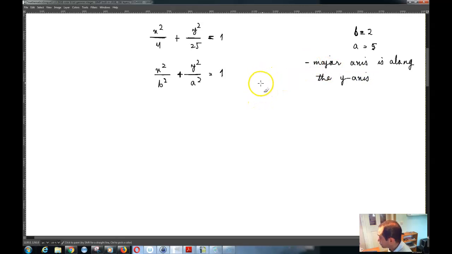So now the foci are at distance c away from the center. So c I can calculate from here.